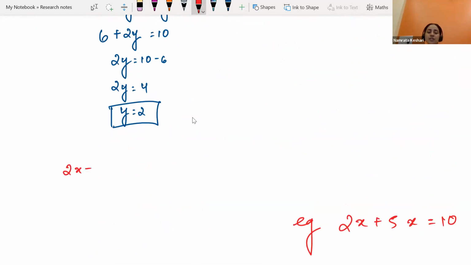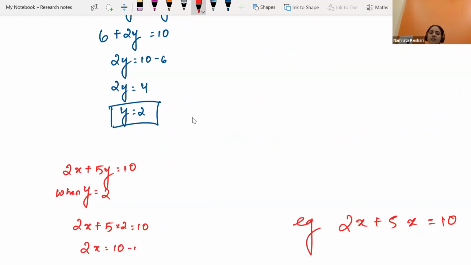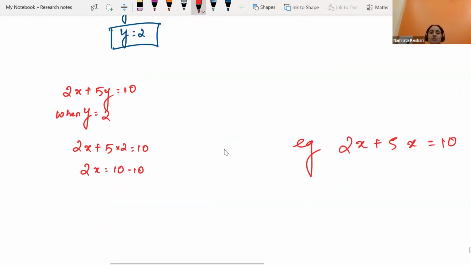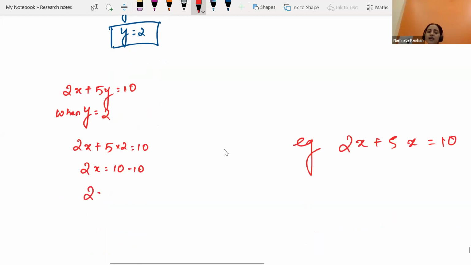When y is 2, 2x plus 5 into 2 is equals to 10. 2x plus 10 is equals to 10. 10 minus 10, 0. So 2x we are getting 0 and x will be 0, right? Yes, ma'am.